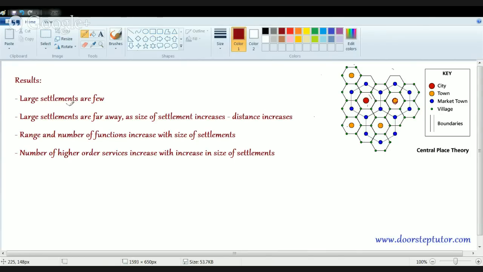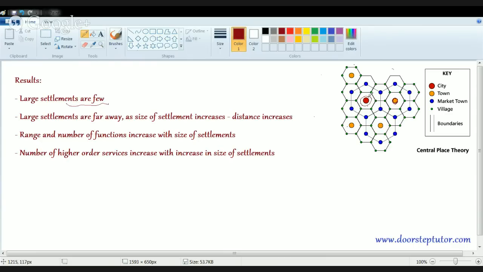So large settlements are few in number. Since the settlement starts to become big, they try to move away from one another. So distances between the settlements increase as the size of settlement increases. Then he also said that the range in the number of functions increases with the size of settlement.